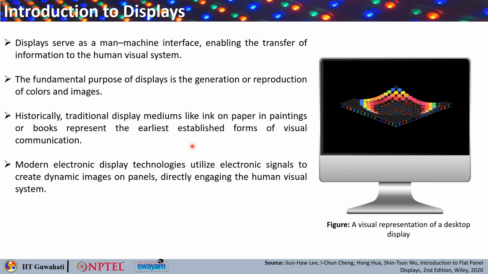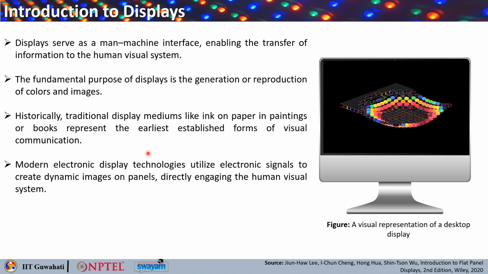The other thing is that a natural or artificial light source becomes essential for reading books or looking into any static images, and this is where the modern electronic display technologies have come for the rescue, because here you utilize electronic signals to create dynamic images on panels that can directly engage the human visual system.